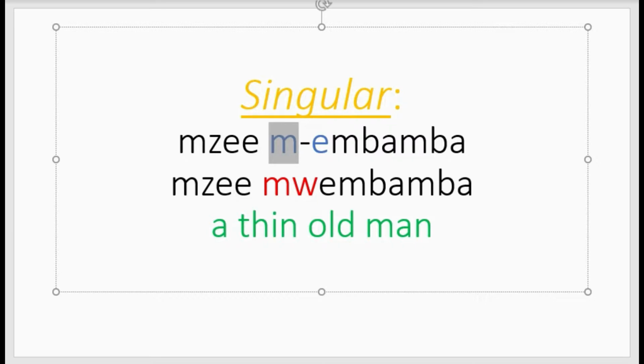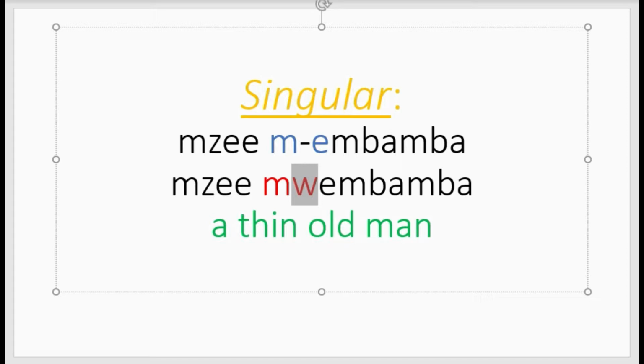Now here there is a dash, which means there is another letter missing. Which one is that? That is going to be the w. Mwembamba, mzee mwembamba.